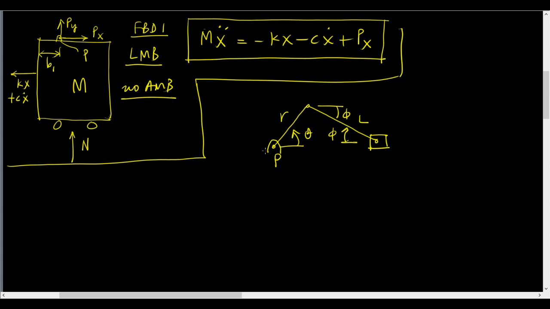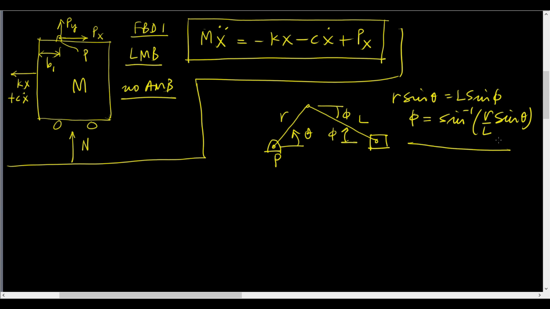Okay, so it is clear that R sine theta is equal to L sine phi. So phi is equal to sine inverse of R by L sine theta. If theta is given to us numerically, we can find phi.